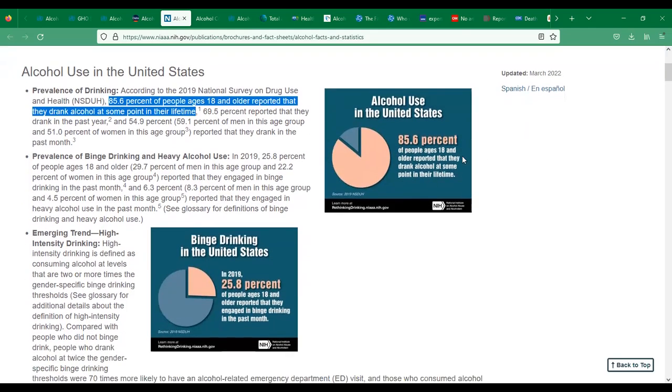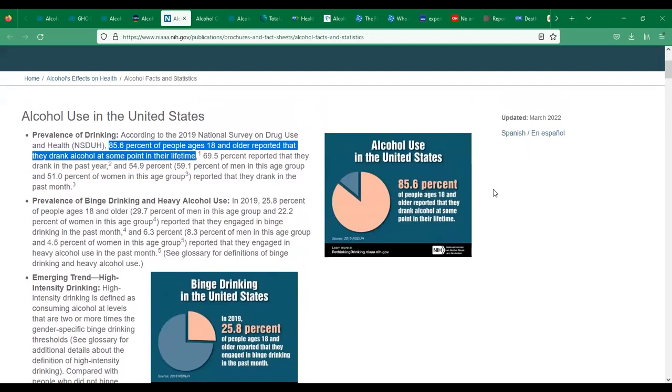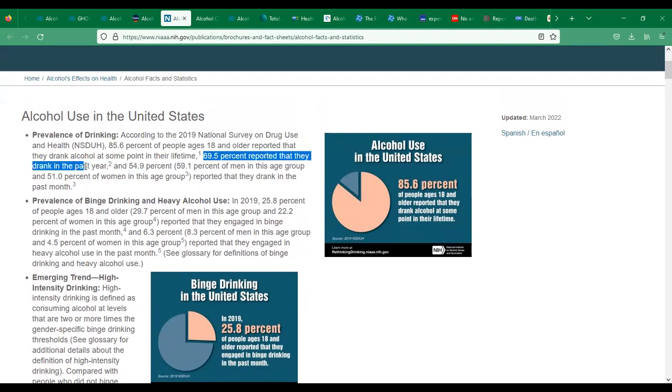So 85.6% had alcohol. 69.5% reported that they drank in the past year, and 54.9% reported they drank in the past month.